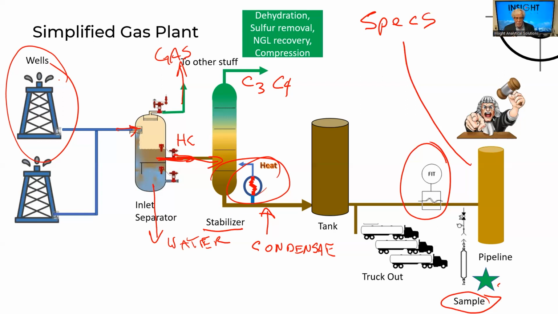So that sample is sent to the lab, say once a month, and they get an analysis of that sample, and the operator of the pipeline or the transportation system will look at the results from the analysis of that sample and determine what's really the value of that product.